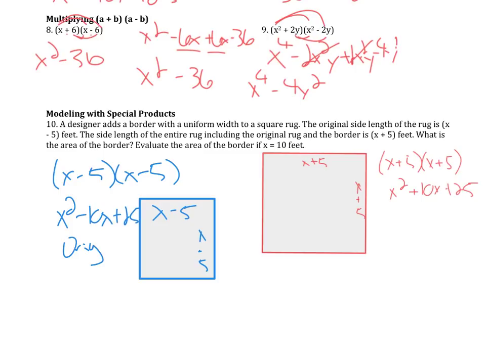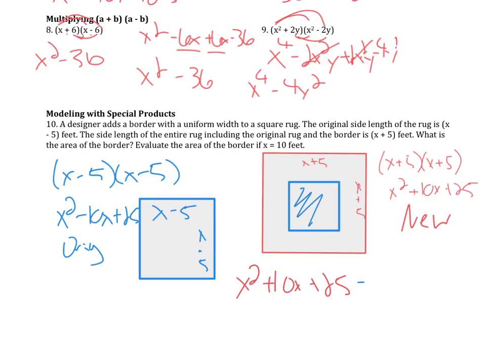This one over here is the new bigger rug, and they just want the area of the border. So we have this area inside that we need to subtract out. I have my bigger rug, which is x squared plus 10x plus 25, and I'm going to subtract the original portion, which we had over here, as x squared minus 10x plus 25.